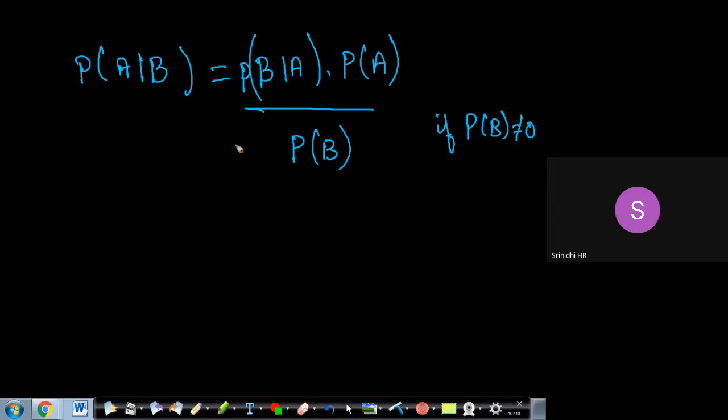Let's understand these terms. I'll call them term 1, term 2, term 3 and term 4.